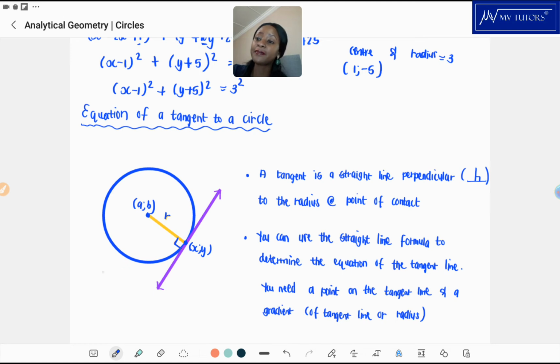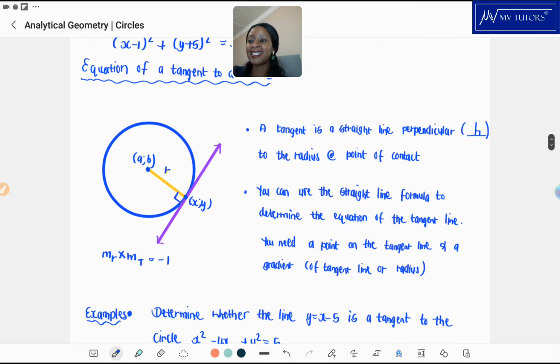So the gradient of the radius times the gradient of the tangent gives -1. That is how you can get the gradient of the tangent line, if you know the gradient of the radius. Then you just need a point, and you can get the straight line equation for your tangent line.